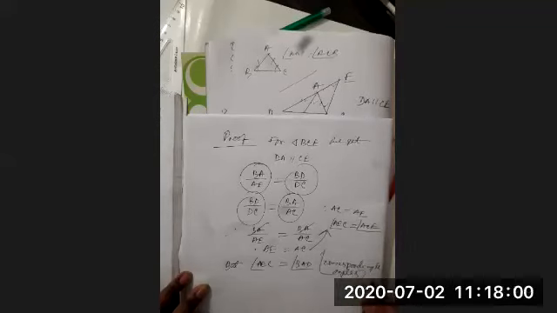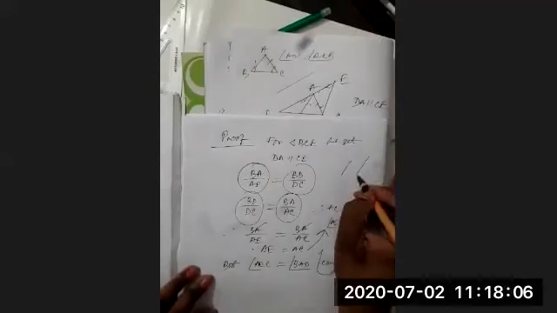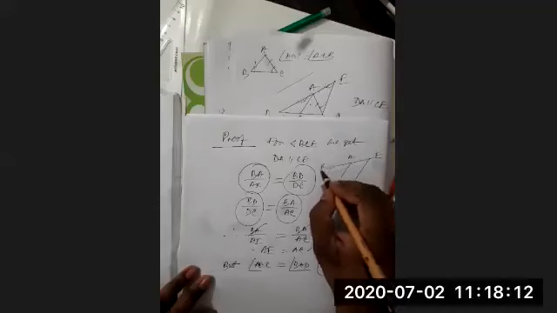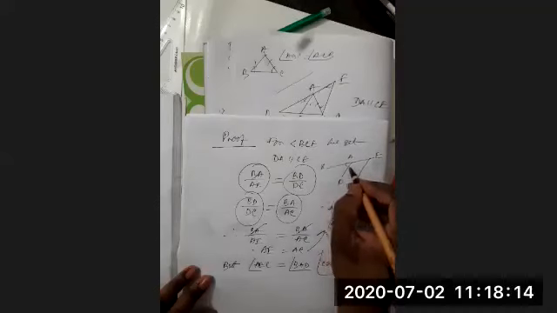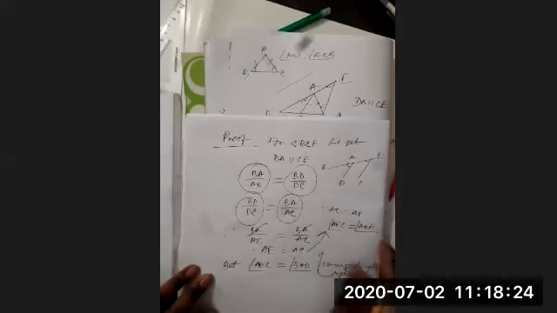Here angle AEC means this angle and angle BAD is this angle. If we draw two parallel lines like this, AD and CE, and this line is the transversal, then angle BAD and angle AEC are corresponding and equal. So both angles are corresponding angles.